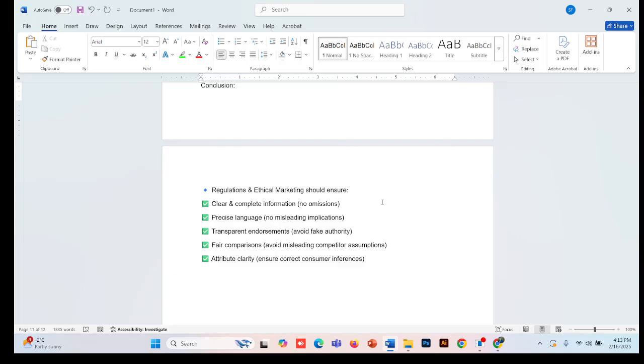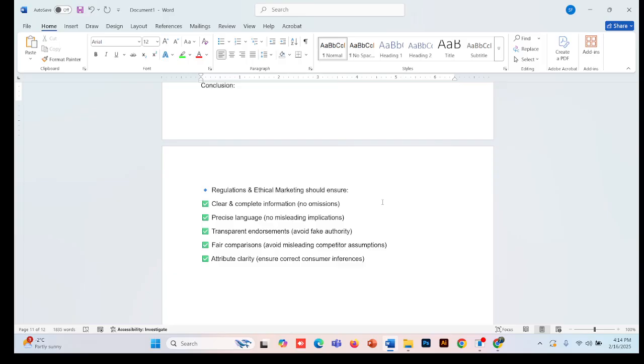About fake authority, it's related to endorsement. The endorsement should be very transparent, and the person should have the authority to talk about that product. Then inter-attribute, this is misleading competitor assumption or confusing comparison. So we have to avoid confusing comparison.